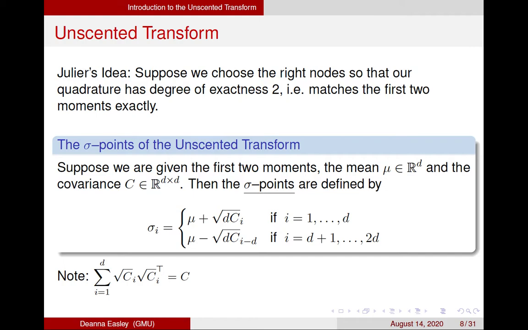Now, as I've been discussing this transform, I'm sure many of you have been thinking right now, what's with the name unscented? What does it stand for? Is that some kind of technical term I haven't heard of? Well, it actually doesn't mean anything.